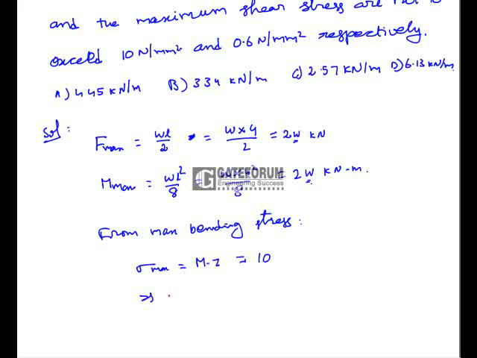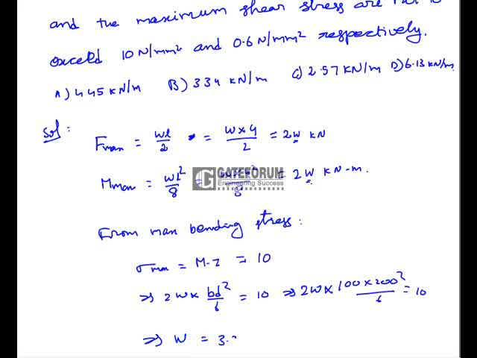Here M is equal to 2W, and Z is BD square by 6, so 2W into 100 into 200 square by 6 is equal to 10. So from this equation we can find out W, that is equal to 3.33, nearly 3.34 kilonewton per meter. So this is one option.